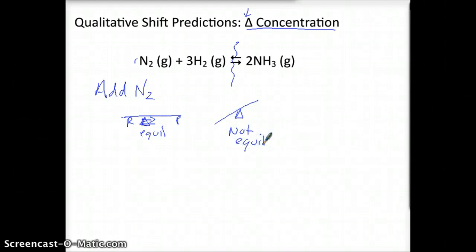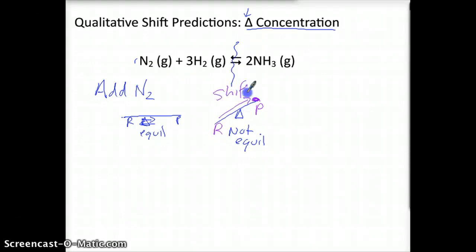So the idea is, what is the reaction going to need to do to get back to equilibrium? To make the seesaw go back to where it was, we're going to need to make this side heavier. The way we make a side heavier is by making more of that compound. So we're going to need to make more products. Where are we going to make the products from? From the reactants. So this reaction is going to need to shift to the right.